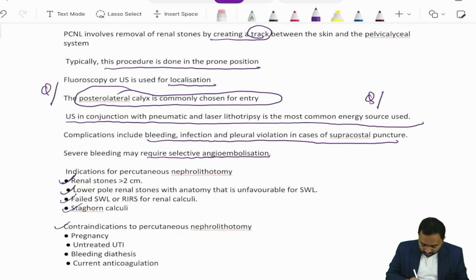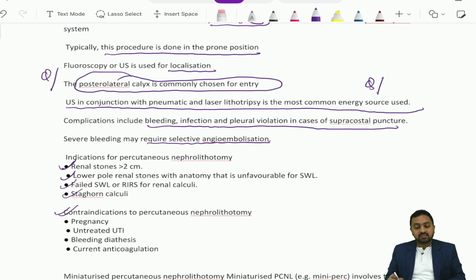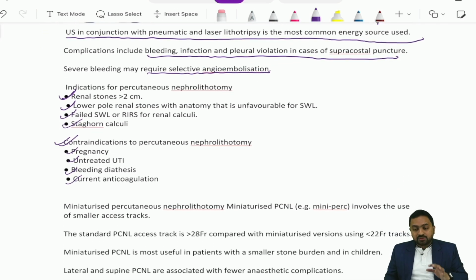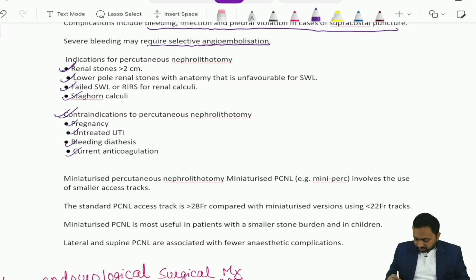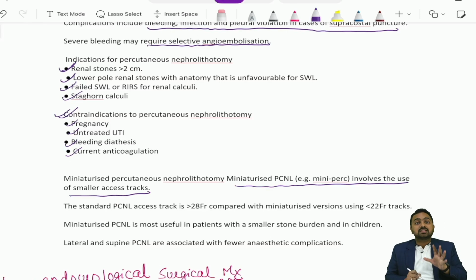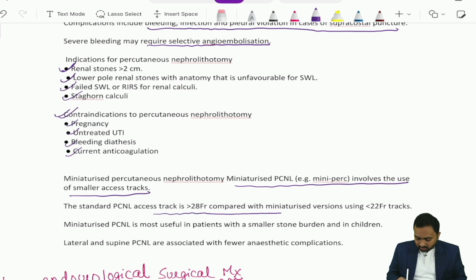Then you have your contraindications to percutaneous nephrolithotomy, which include pregnancy, untreated UTI, bleeding diathesis, and current anticoagulation. Then you have your miniature percutaneous nephrolithotomy, which includes use of a smaller tract. The standard tract is more than 28 Fr, compared with the miniature version using less than 22 Fr tracts.